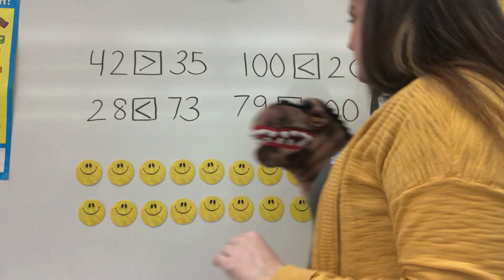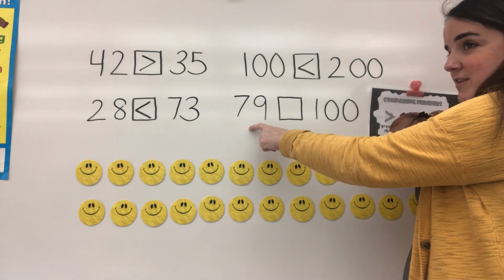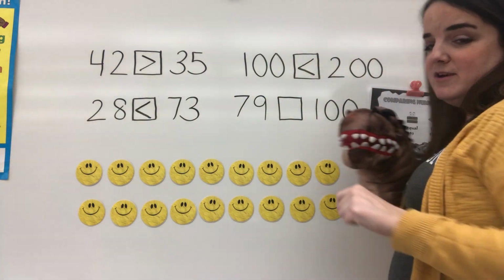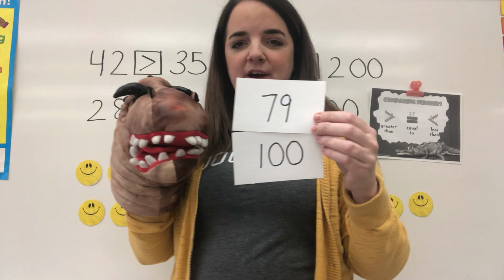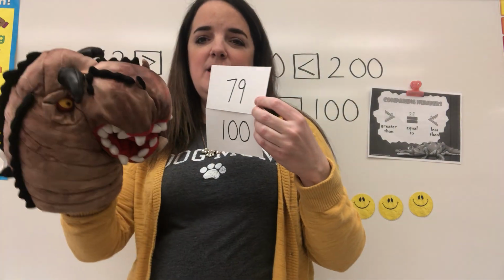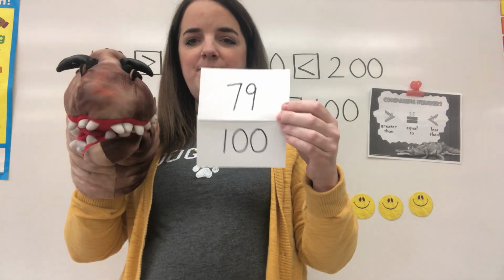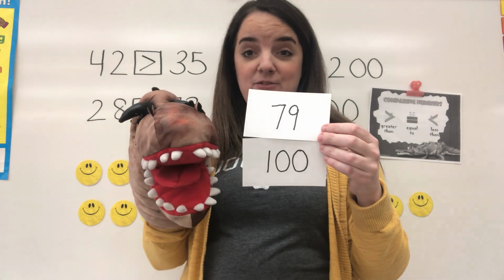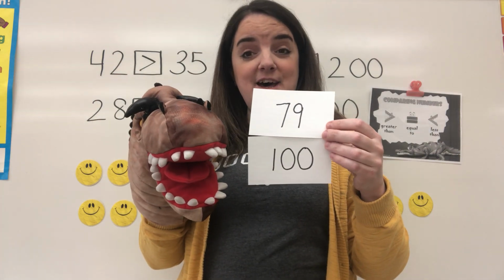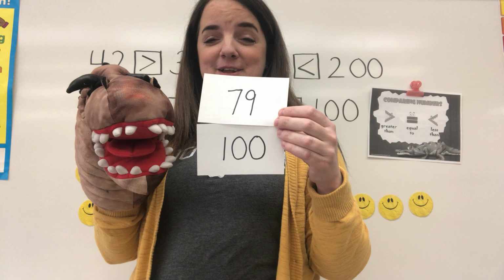All right, last two numbers, Mr. Dinosaur. We have 79 and 100. So let me get those out for you. All right, Mr. Dinosaur, you have 79 and 100. Which one do you think Mr. Dinosaur is going to eat? 79 or 100? I wonder.